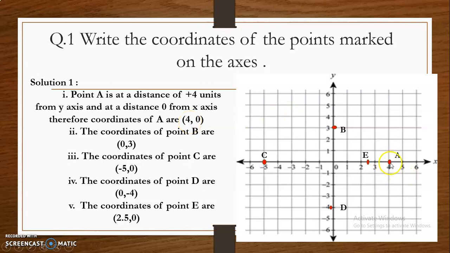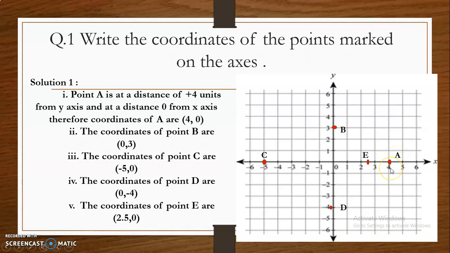So this point A is how much distance away from this vertical y-axis? It is 1, 2, 3, 4. 4 units away from the y-axis. So this 4 becomes the first coordinate for point A.